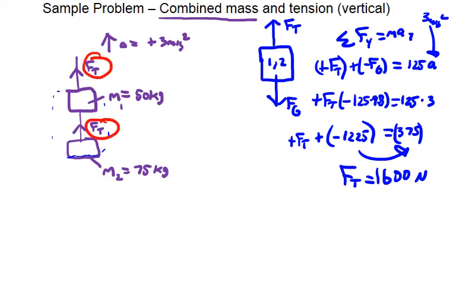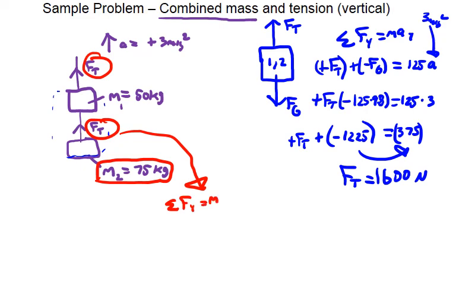And then what we can do is, now that we know the tension force here, now we want to find the tension force here. And in this case, we're dealing with just this object. So the sum of the forces in the y equals m times a in the y. We have the positive tension force here plus the negative force of gravity of this one equals just the 75 kilogram object times 3 meters per second squared.